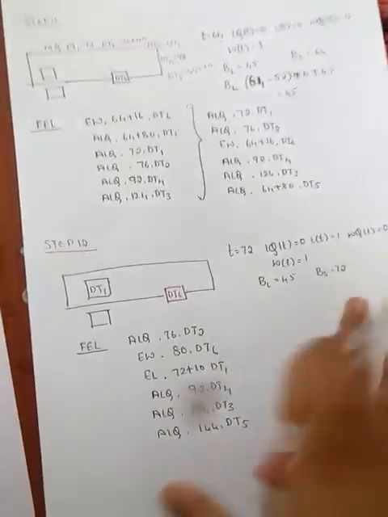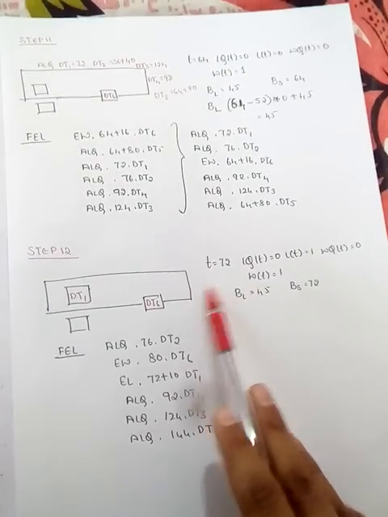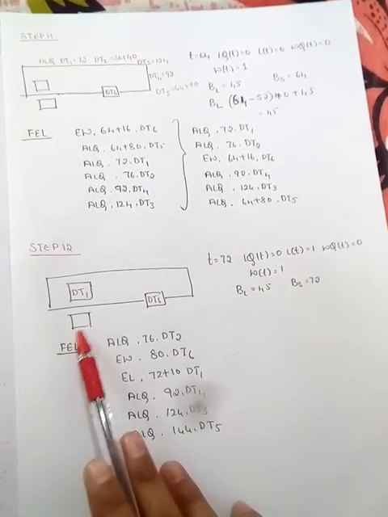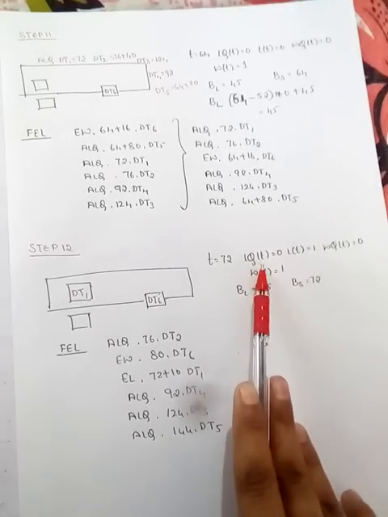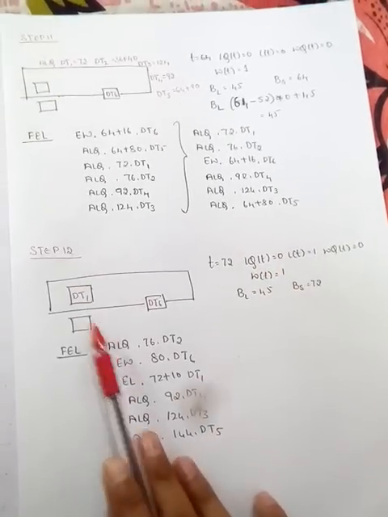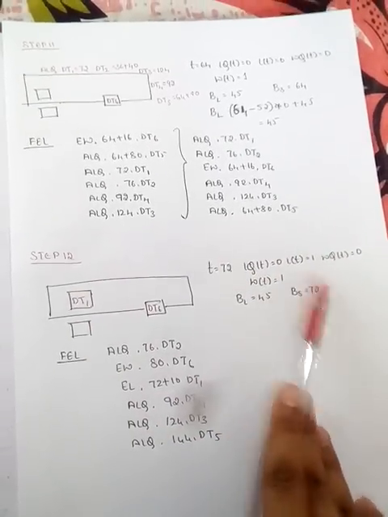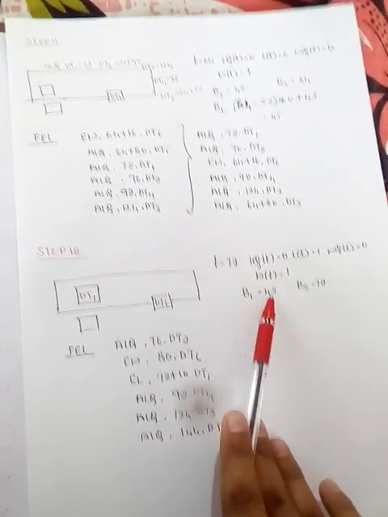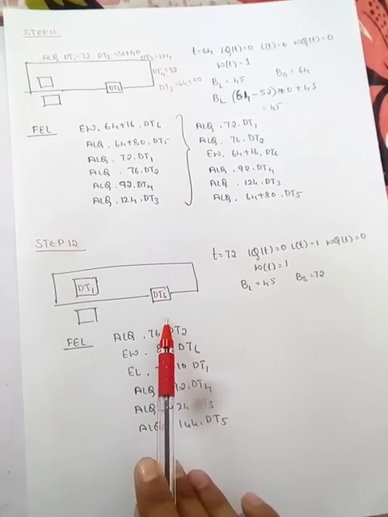So the time is T equal to 72 clock time. Then LQ of T equal to 0, because no trucks are in your loader queue, and one truck is being loaded, that is DT1, and WQ of T, no trucks are in your weighing queue, and DT6, one truck is still on your weighing scale.